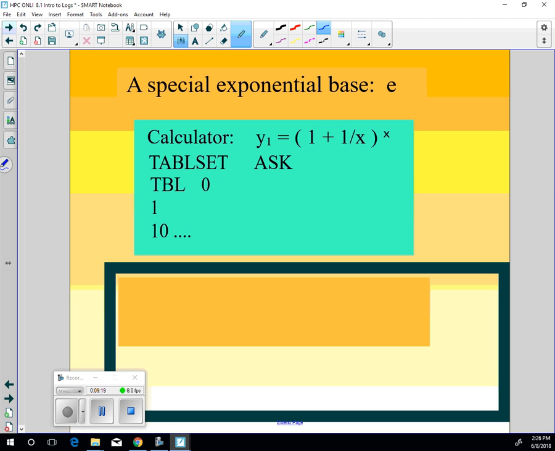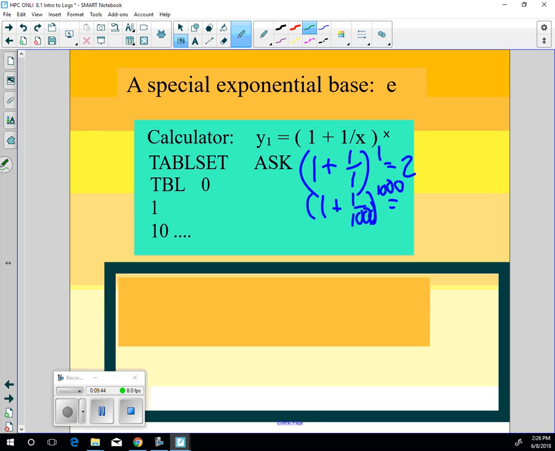Okay, talk a little bit about a special base. The special base is base e, and we want to see what that graph looks like. If you put in your calculator (1 plus 1 over 1) to the 1, you're going to get 2. (1 plus 1 over 10) to the 10, or 100 to the 100, or 1,000 to the 1,000, you'd think it'd just keep getting bigger, bigger, bigger.